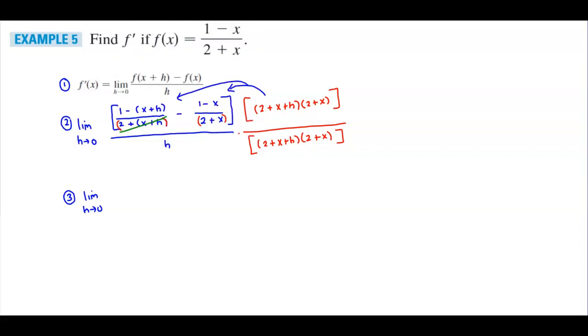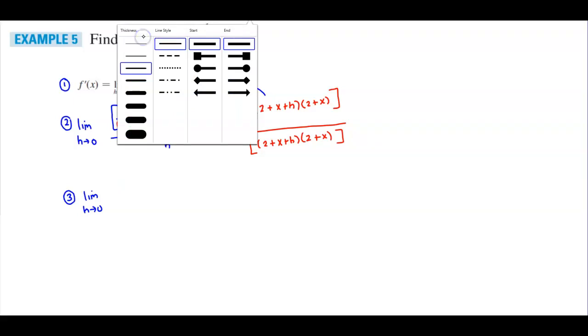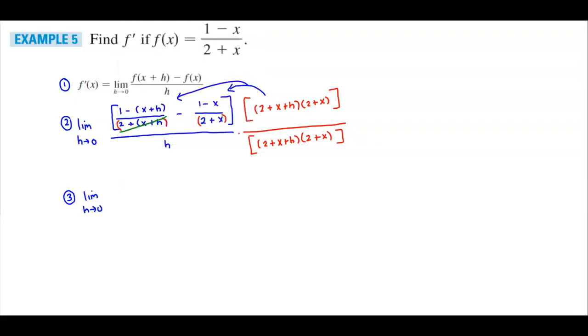The numerator we have is 1 minus x minus h if we distribute the minus sign.